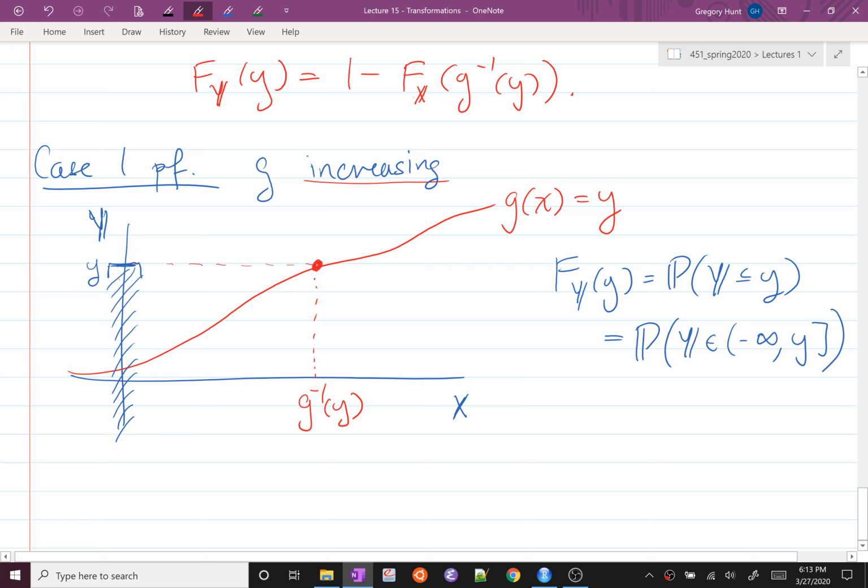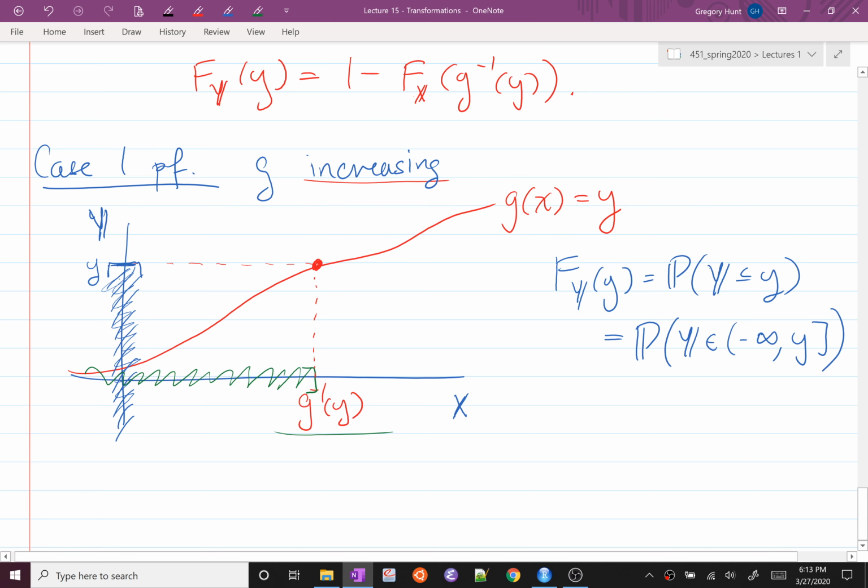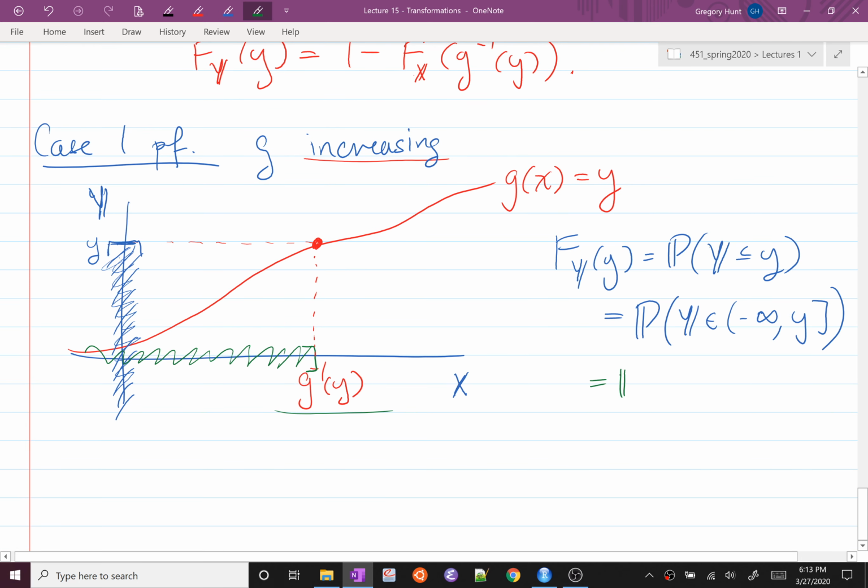And so if my random variable is in this set here, that must correspond to the fact that on the x-axis, I'm in this corresponding set here, or I'm less than or equal to g inverse of y. So I'm going to argue that this is the same thing as the probability that X is in the set negative infinity to g inverse of y. And I don't have to worry about g inverse being potentially a set because my function is increasing and hence invertible.